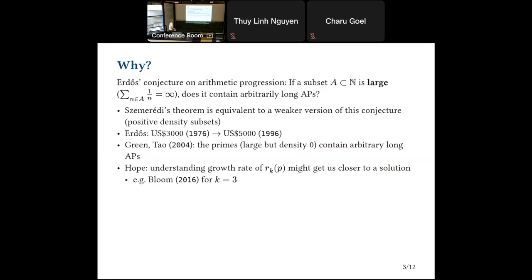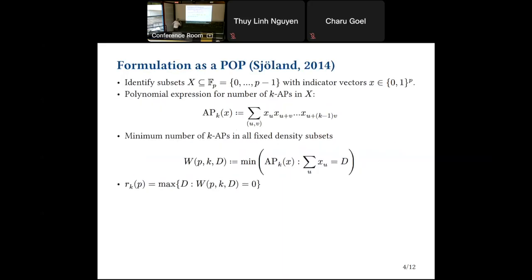It's a bit weaker because this is equivalent to saying not that the subset is large, but that the subset has positive density, which means that the limit of the count of all the numbers in the subset up to a given n divided by n is positive.